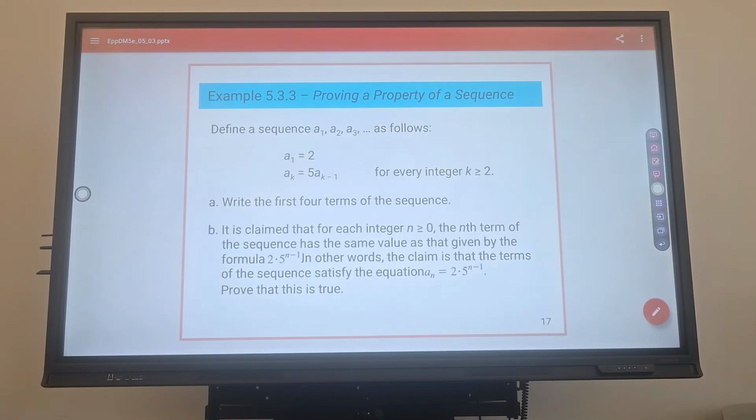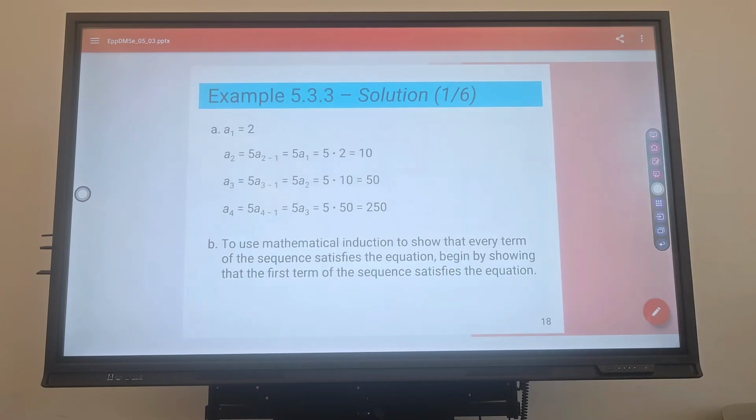So the claim is that the sequence satisfies the equation A sub n equals 2 times 5 to the n minus 1. So those are the first four terms, just multiplied out.